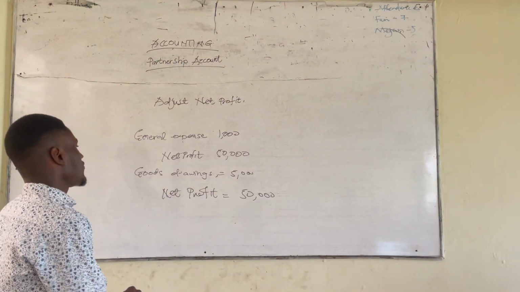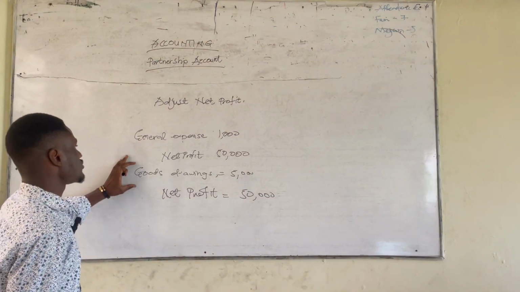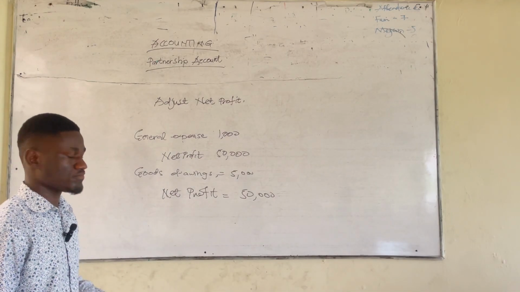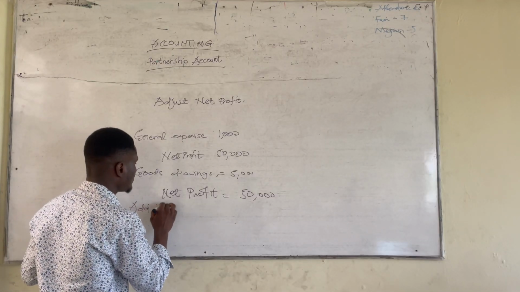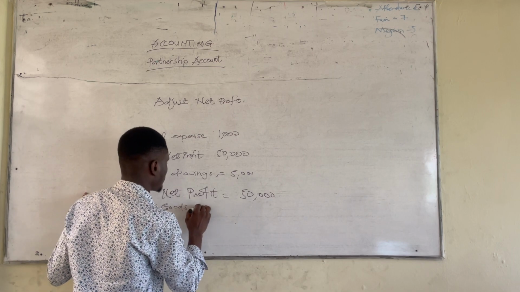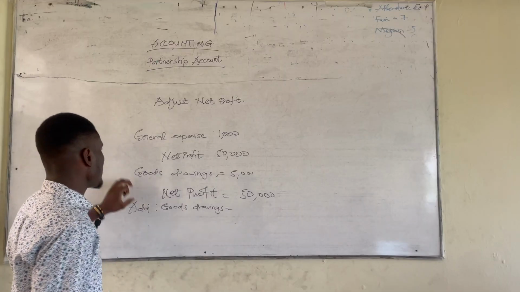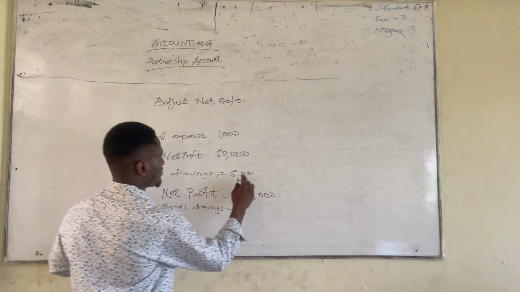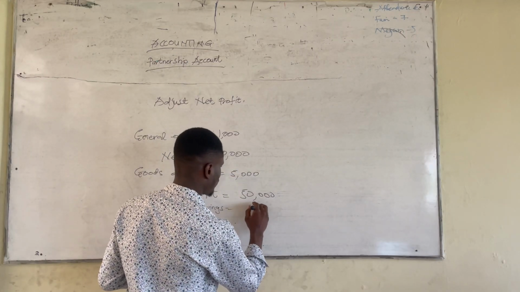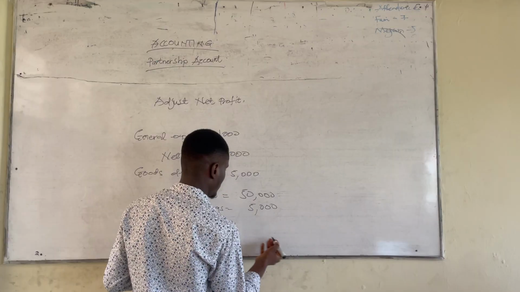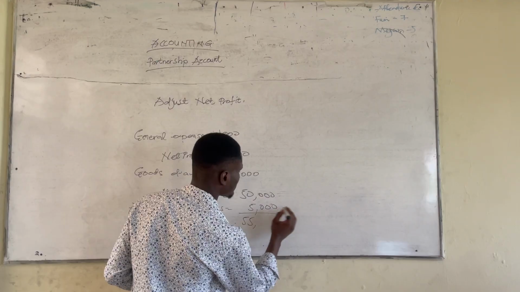First of all, when there are goods drawings, it is going to increase our net profit, so we will add the goods drawings. We had goods drawings of 5,000, so we add the 5,000 to this 50,000 and we get 55,000.